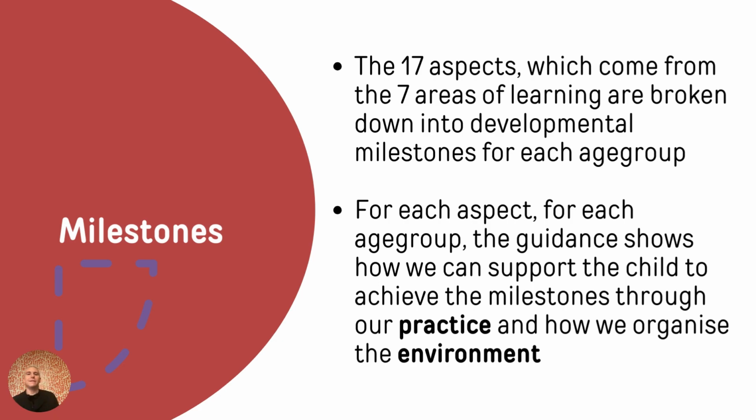As I said, there are 17 aspects which come from the 7 areas of learning, and each of those 17 aspects are broken down into developmental milestones for each age group. For each aspect, for each age group, the EYFS guidance shows how we can support the child to achieve the milestones through our practice and how we organise the environment, exactly as I was talking about just a few moments ago.